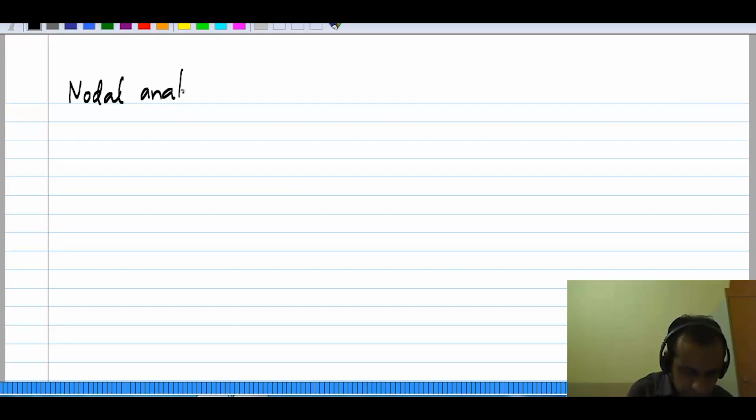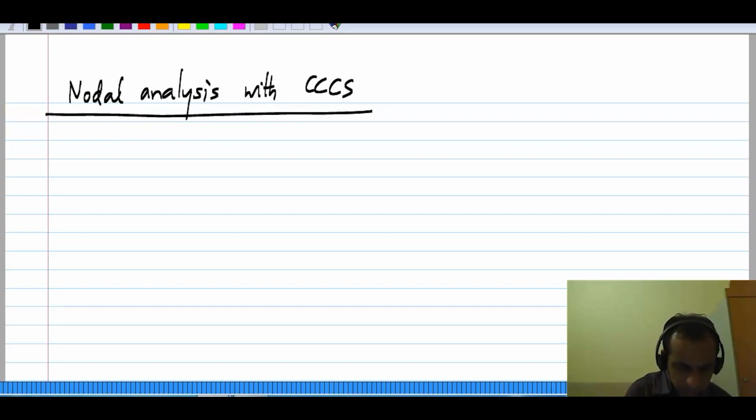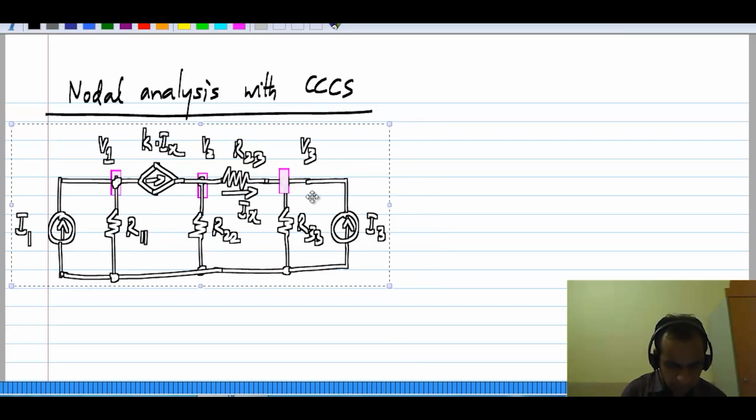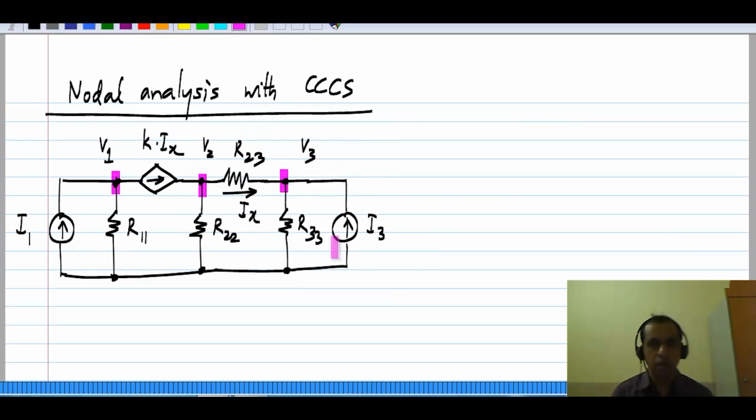We will now consider nodal analysis with current controlled current sources. Here is a circuit and we have a current controlled current source K times Ix connected between nodes 1 and 2, and this Ix happens to be dependent on the current through R23.